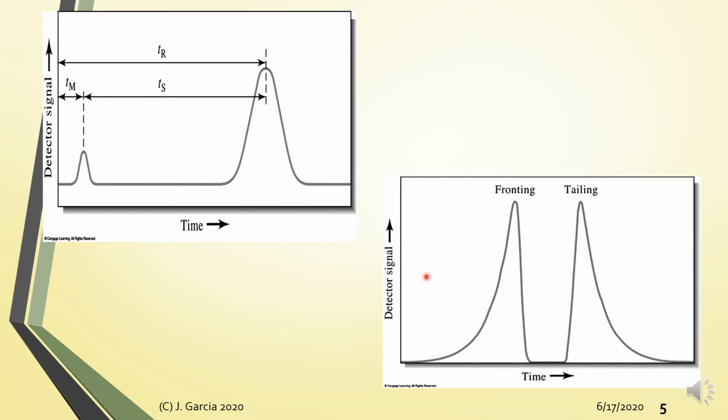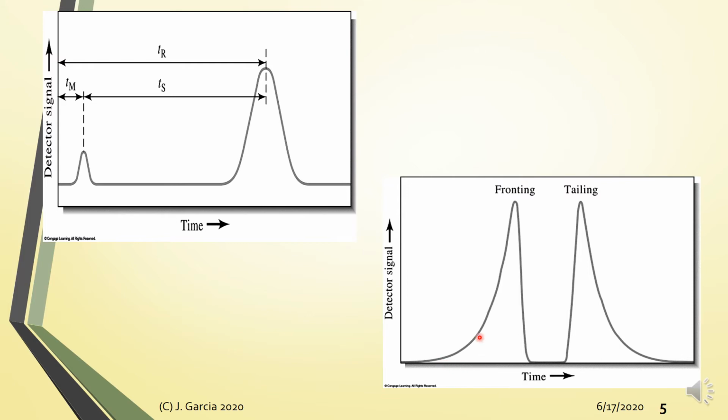Okay? Now, shown below are some of the distortions in your chromatographic peaks. Here, you have fronting and tailing. In fronting, the peak is asymmetric, with the left side broader.